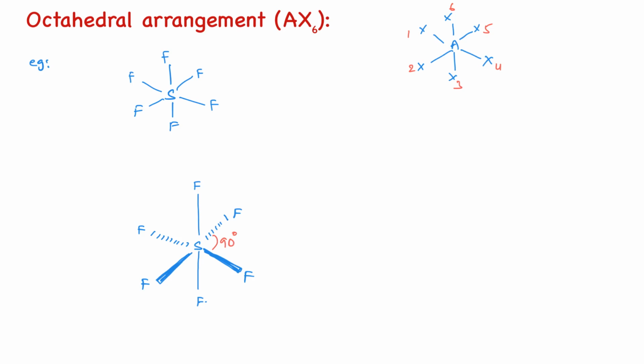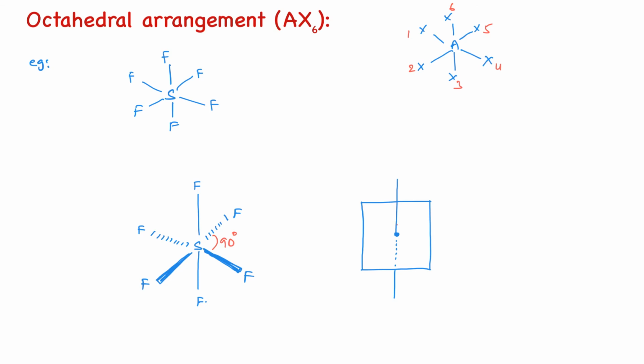Let us try to visualize this structure. Take a piece of paper and cut it in the form of a square. Then we take a pen or pencil and pierce the paper exactly at the center of the square and push the pen halfway through. The pen has to be perpendicular to the plane of the paper.